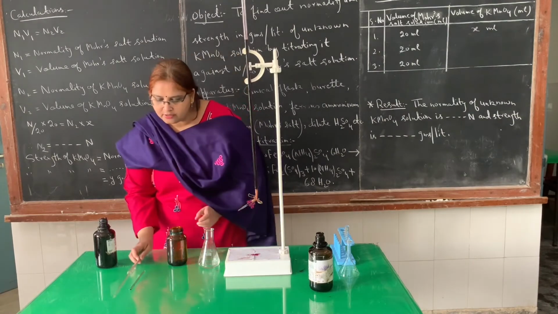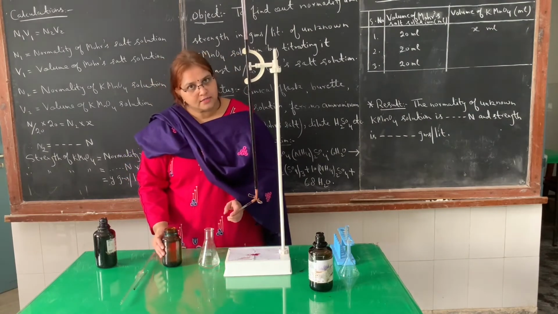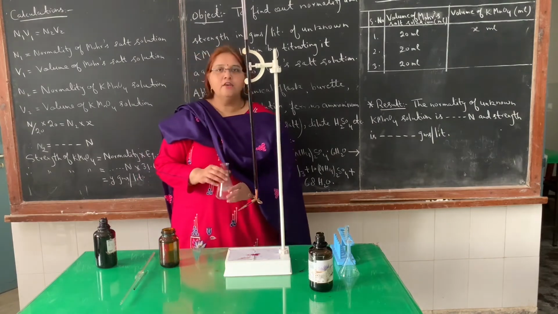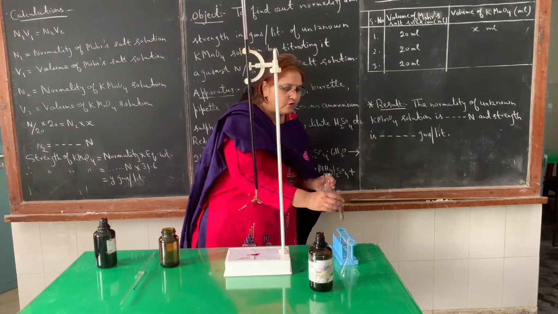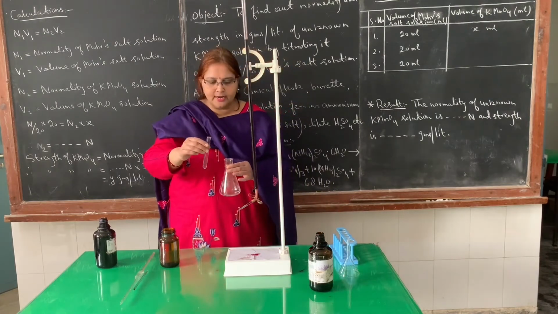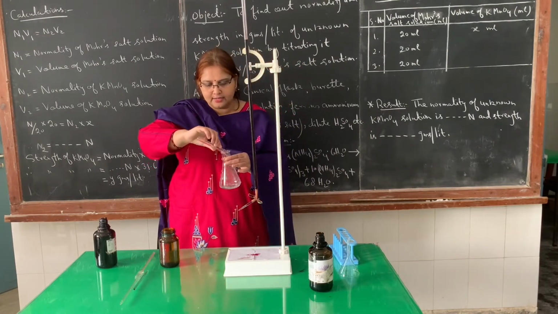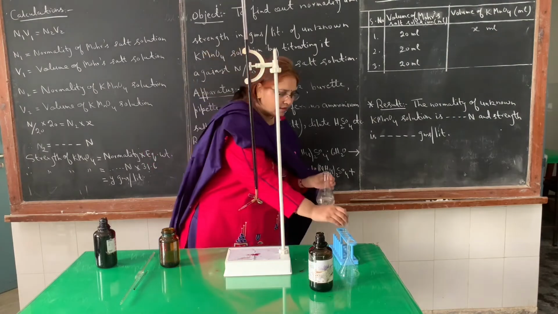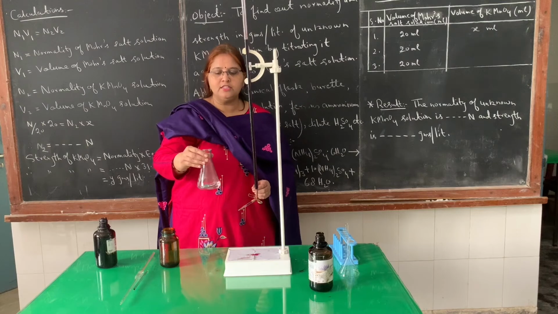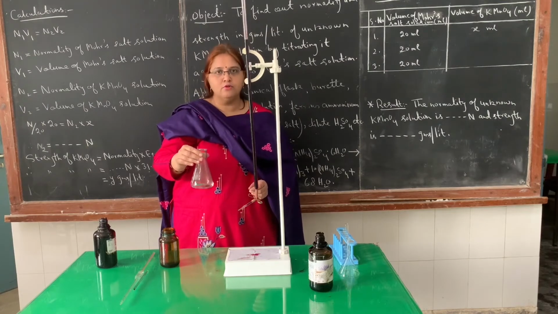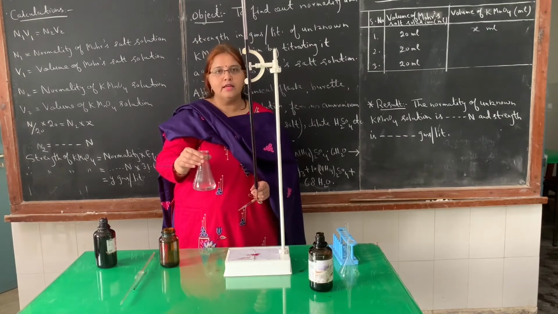This is our 20 ml Mohr's salt solution. Now in this we will add 1 test tube full of H2SO4 solution. I have already taken it, and then I add it like this. Then with slow shaking, we will mix the Mohr's salt solution and H2SO4.